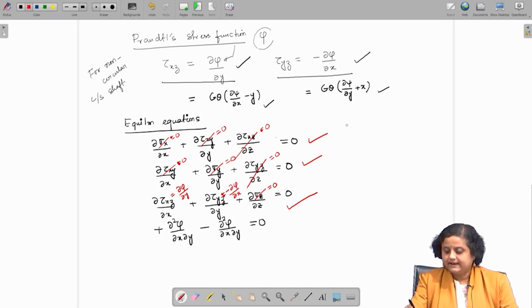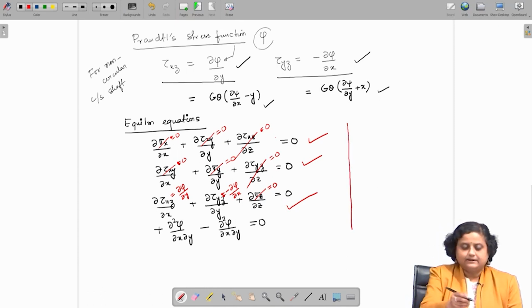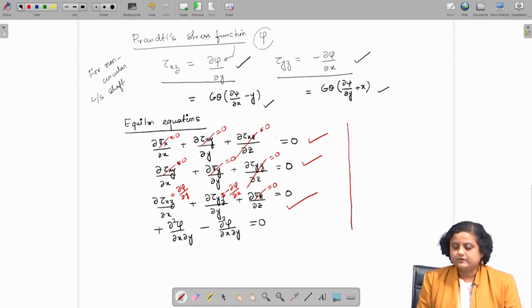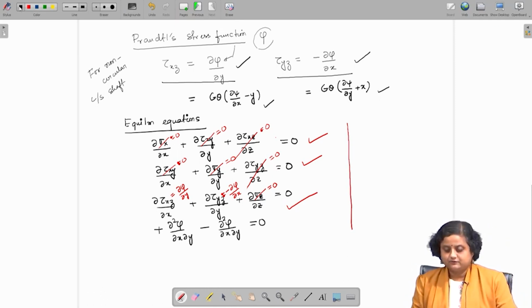Now, let us find out a constraint on the Prandtl stress function.